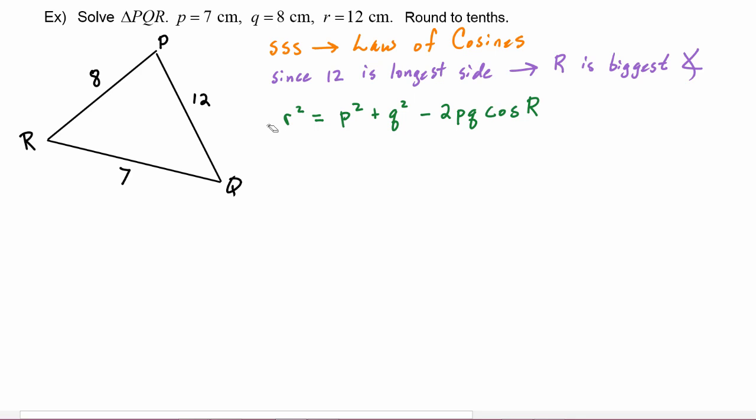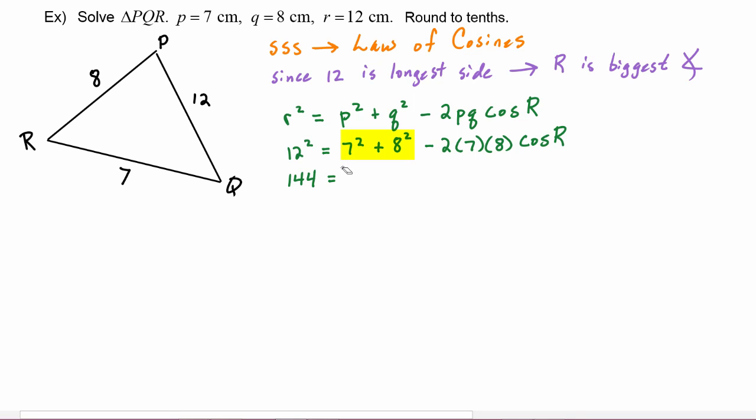Now let's fill in what we know. The equation becomes 12 squared is equal to 7 squared plus 8 squared minus 2 times 7 times 8 cosine of r. 12 squared is 144.